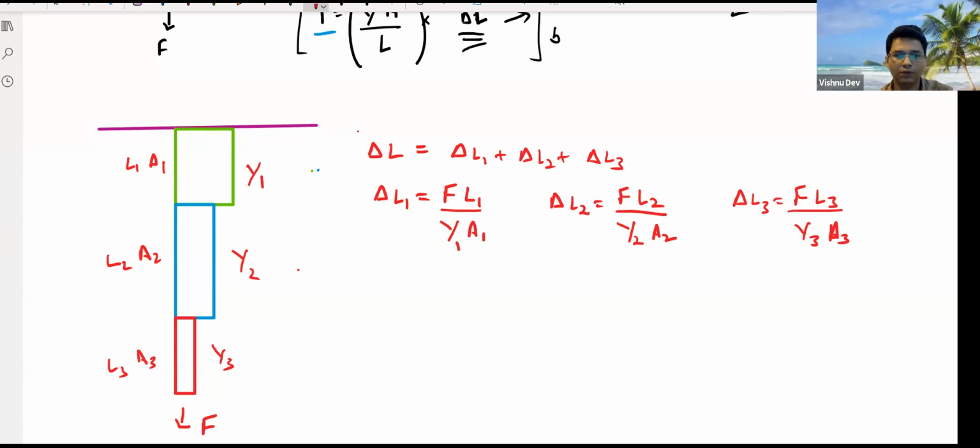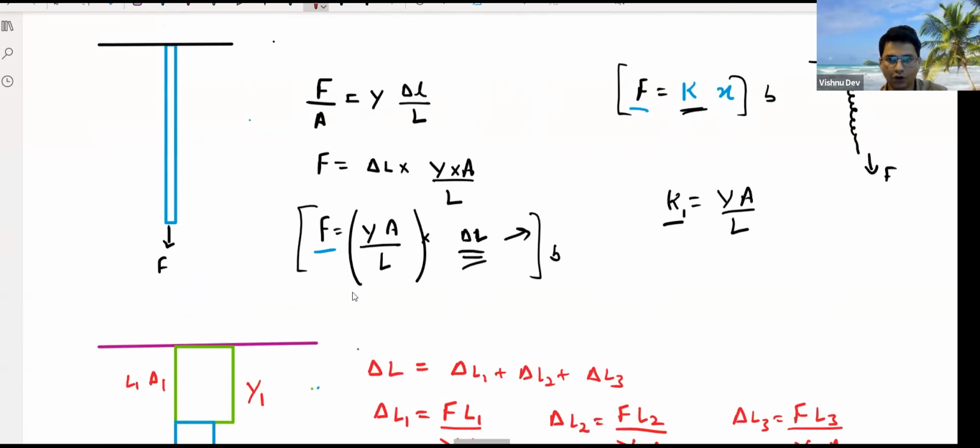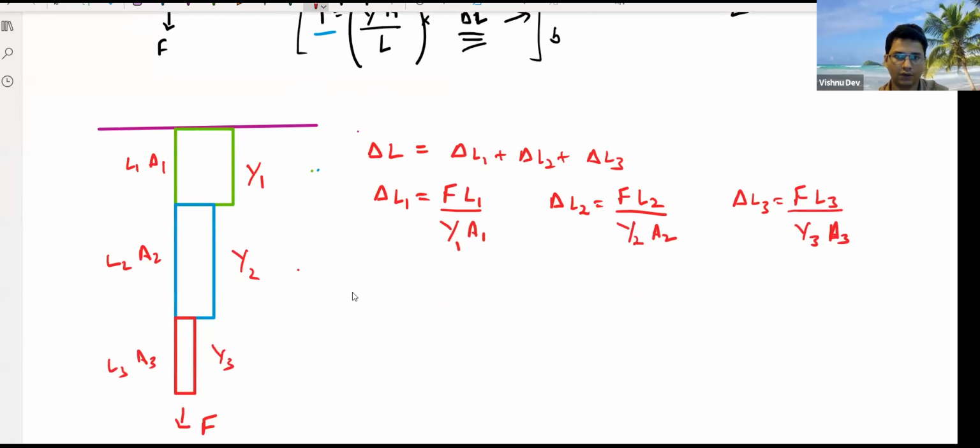Now, everyone recall this concept: YA by L can be treated as K1, right?